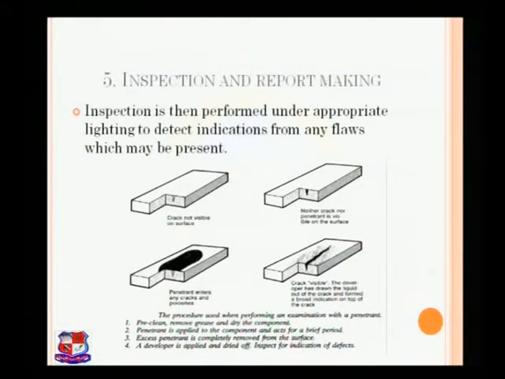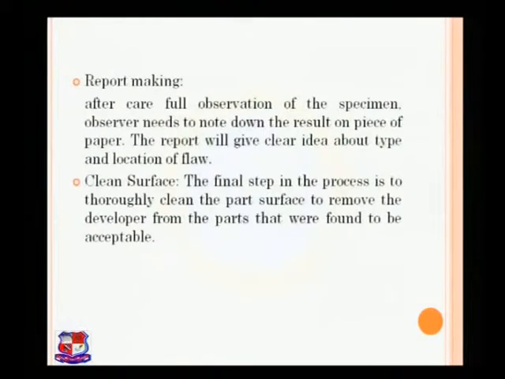As you can see in the slide, the crack is connected with the surface, so it is bleeding out. If we clean the surface as the first part, apply a penetrant material, remove the excess material, and develop it, then we are going to observe it. Report making will remain.